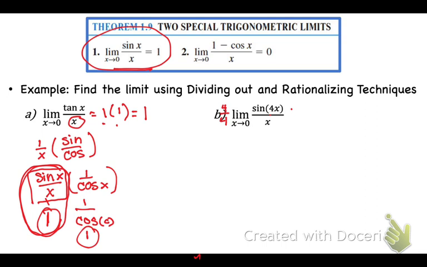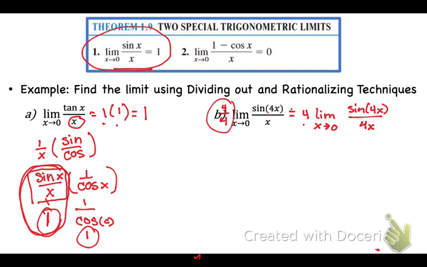So we're going to rewrite it as 4 times the limit as x approaches 0 of the sine of 4x over 4x. One 4 stayed in, one 4 went out, because it's 4 over 4, and 4 over 4 equals 1.